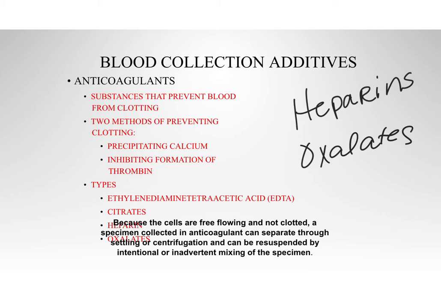Because the cells are free flowing and not clotted, a specimen collected in an anticoagulant tube can separate through settling or when we put it in the centrifuge, and can be resuspended by intentional or inadvertent mixing of the specimen.